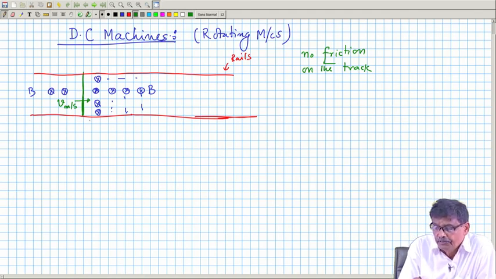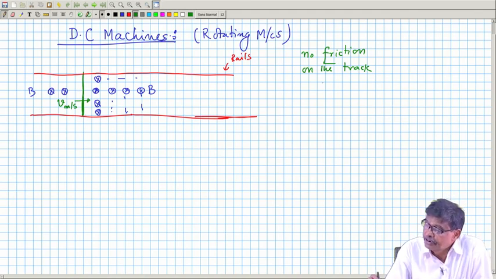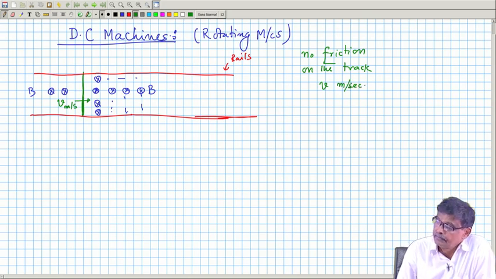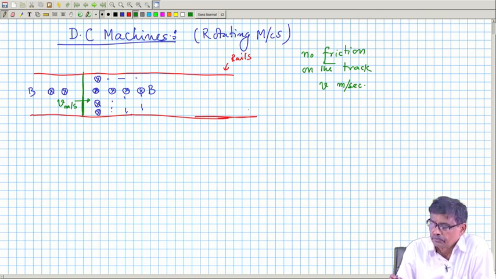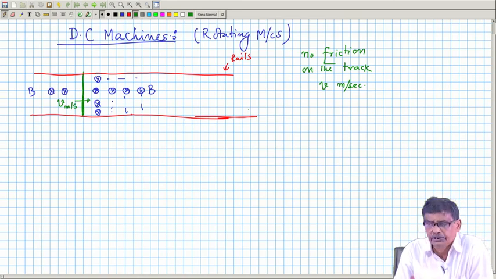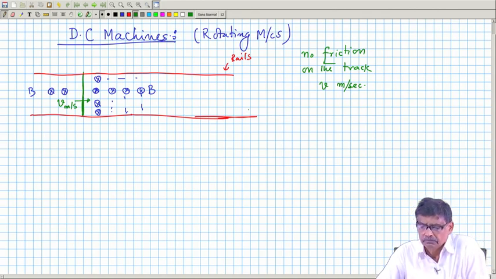Therefore, to move this conductor at a constant velocity v meter per second on a frictionless track, with no air friction also, you require no force. Therefore, the external force acting on the conductor will be 0. That is what Newton told us. To move a thing in a frictionless environment at a constant velocity, you do not require any force.